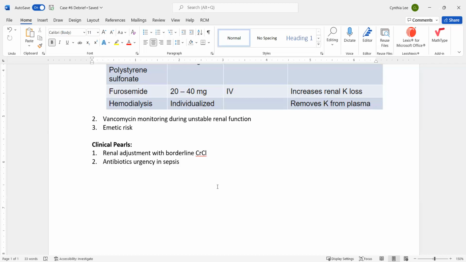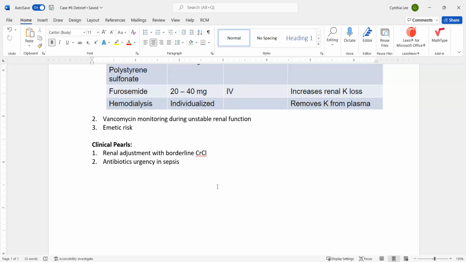So just some clinical pearls. And the last clinical pearl is also about antibiotics. I know everybody hasn't got exposure to sepsis in a clinical setting, but just be reminded, it's like when somebody has a heart attack or stroke, there's a door-to-needle time that the hospital has as a goal. Same thing with sepsis and antibiotic administration.